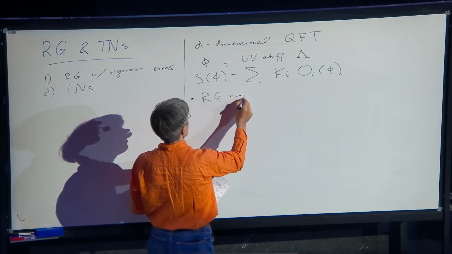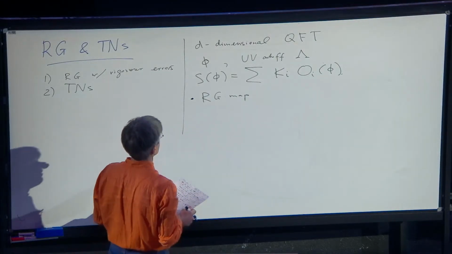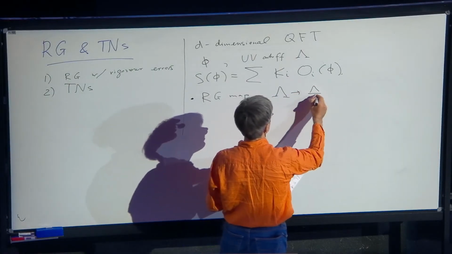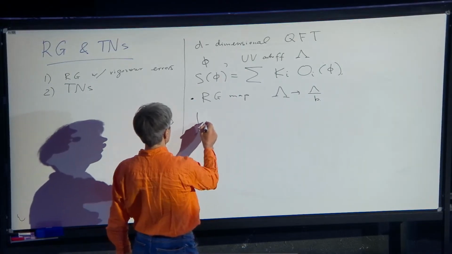And so this RG map, what does it do? It reduces the cutoff as usual. So lambda is mapped to lambda over b. And it reduces the cutoff in such a way that the partition function is preserved.